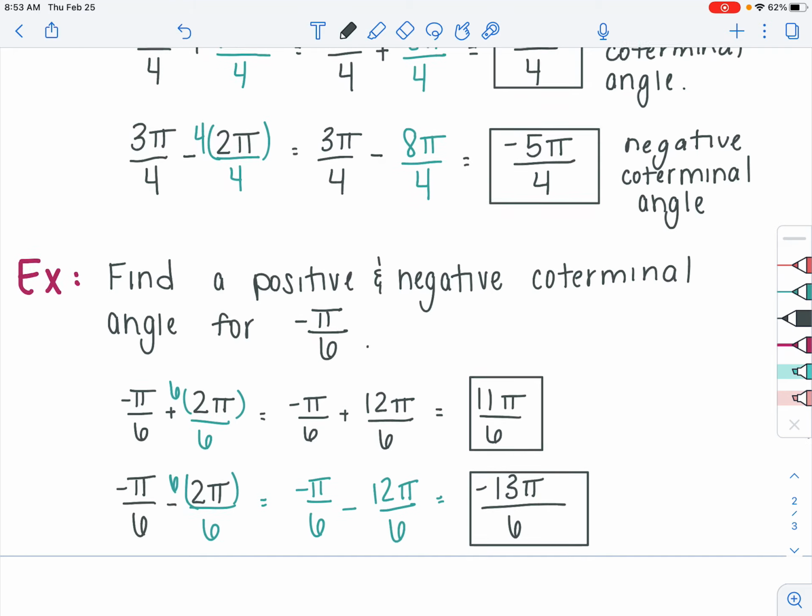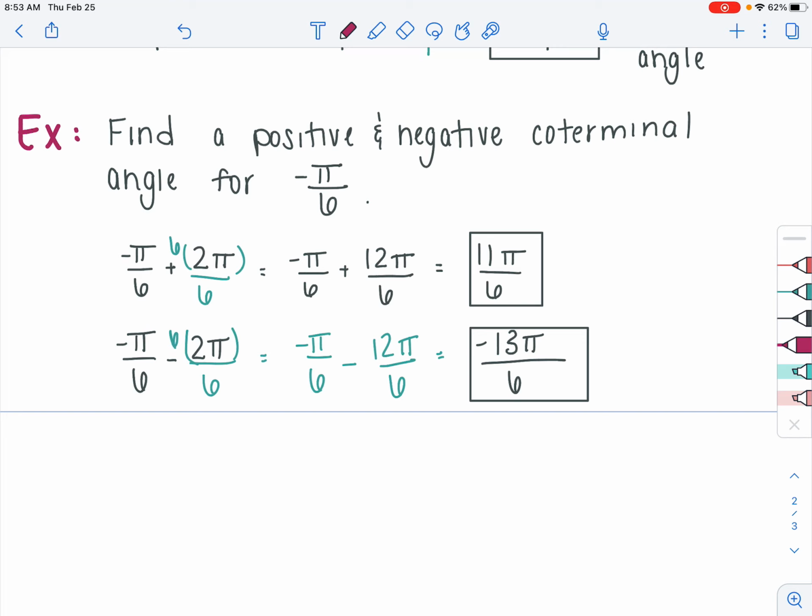So if I was given, for example, let's just look at negative 7 pi over 3. If we want to find a positive and a negative coterminal angle for negative 7 pi over 3, the first thing I'm going to do is I'm going to add my 2 pi, which in this case I need the denominator to be a 3, so I'm going to multiply by 3.